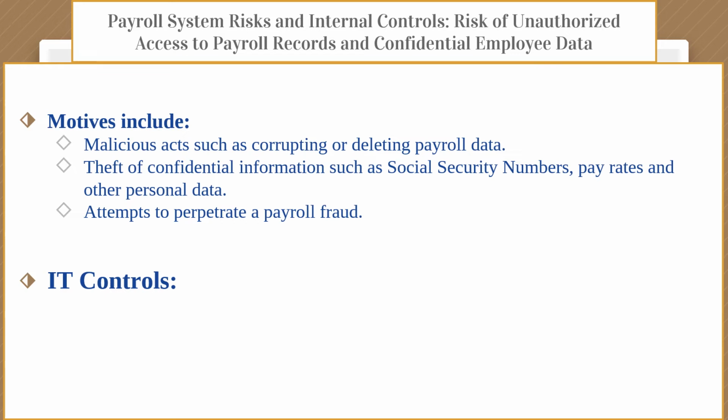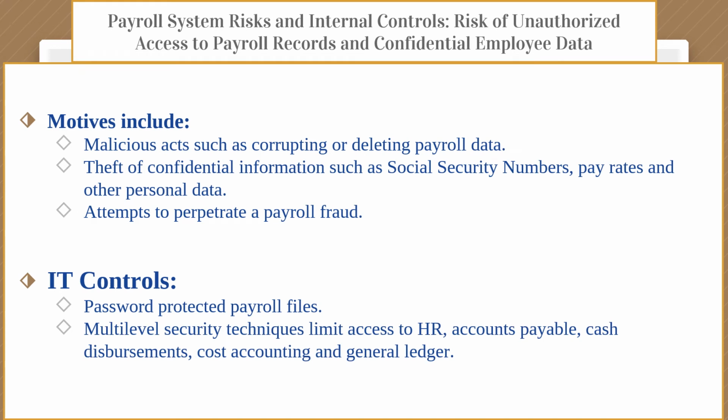Sometimes staff get angry at some managers and try to destroy the company's data, or steal this confidential information and sell it to outsiders, or attempt payroll fraud. Controls are to have password-protected payroll files and then multi-level security to limit access to human resource data.